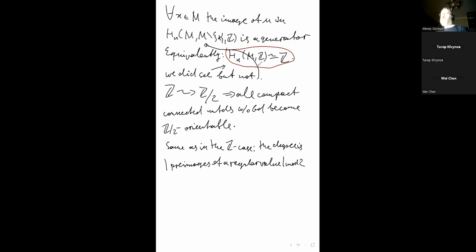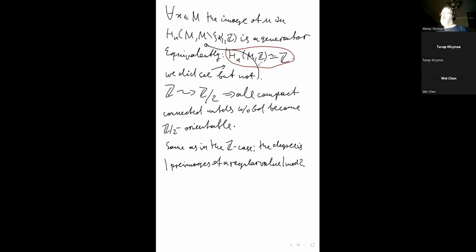We proved a similar statement for integral homology. Does anyone remember what we did for integral homology? There are two definitions of a degree. One is obtained using just homology groups, and the other one is obtained by taking a regular value and then counting the pre-images with signs.